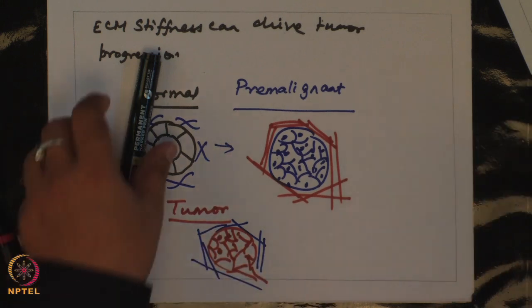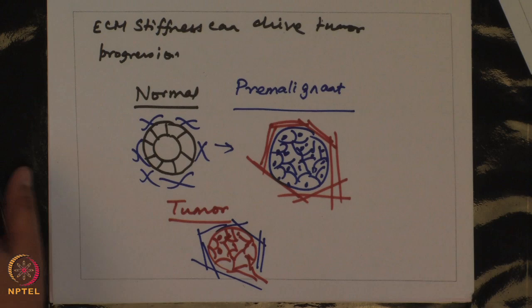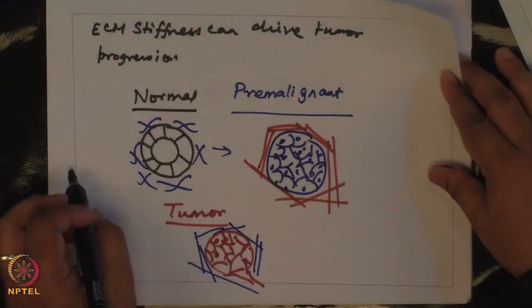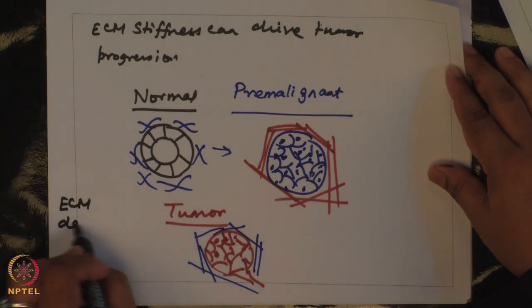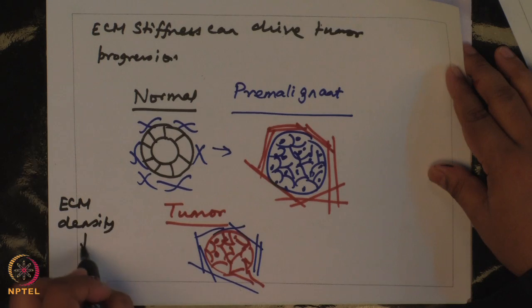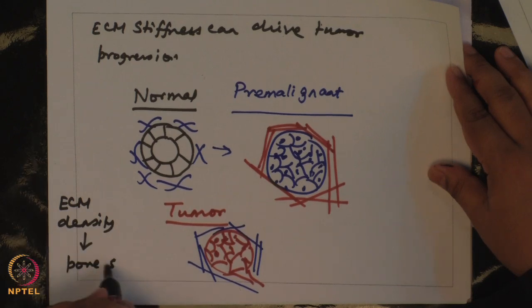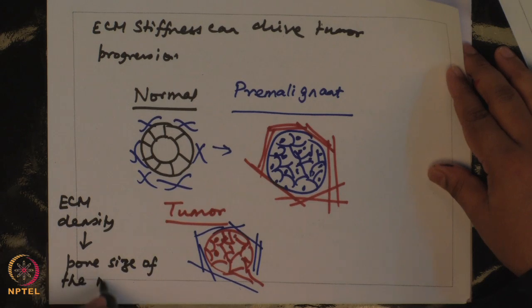So, one counterintuitive thing is that you have an increase in ECM stiffness or an increase in ECM density, and these should actually reduce the pore size of the matrix or the stroma.